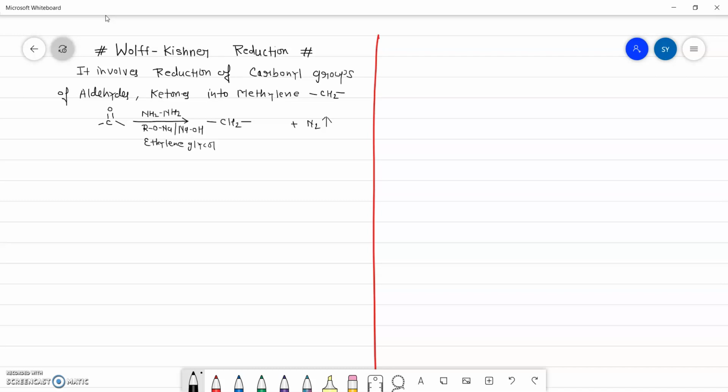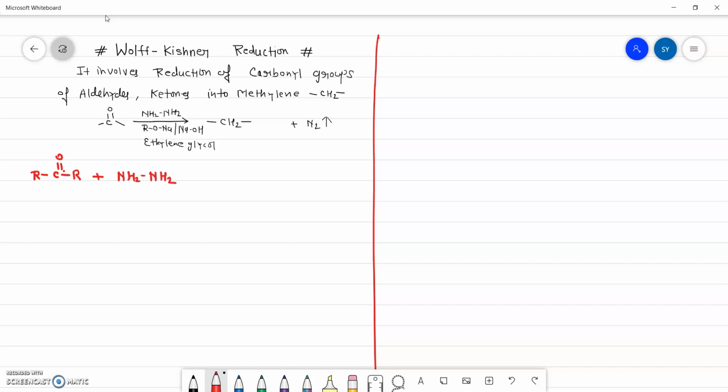If I write one reaction, just pay attention over the reaction. If you got here something like R bond C double bond O R, okay, this is a ketone. Now it is getting reacted with hydrazine, that is NH2 bond NH2.